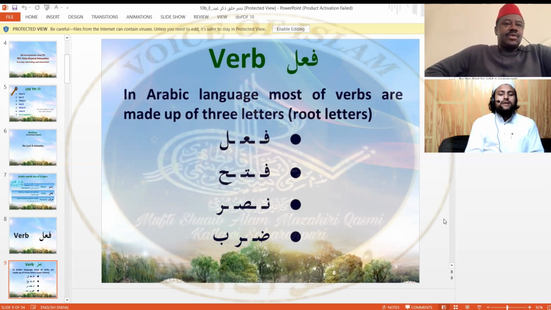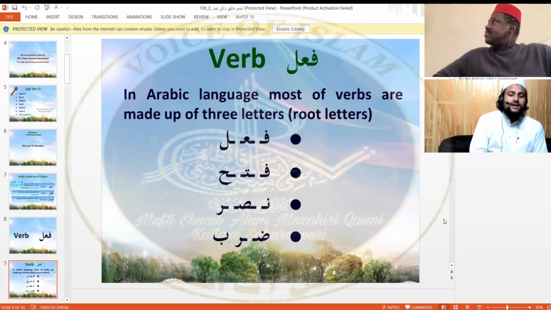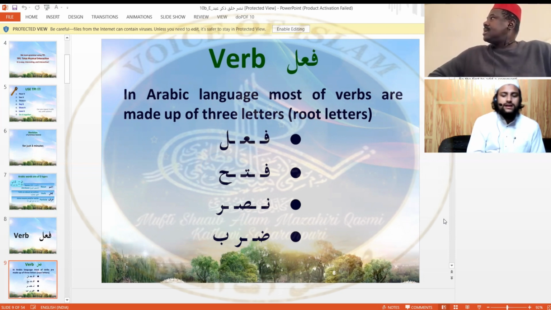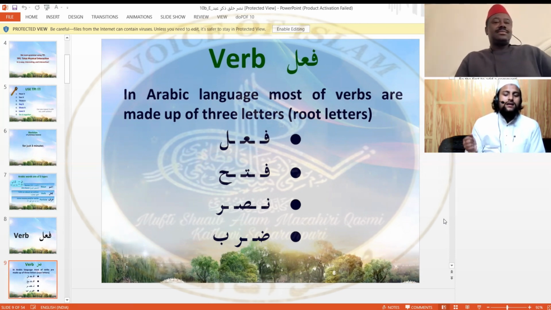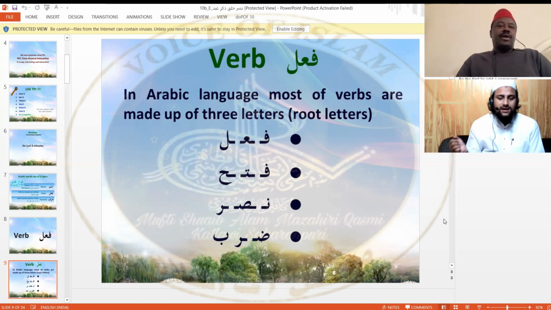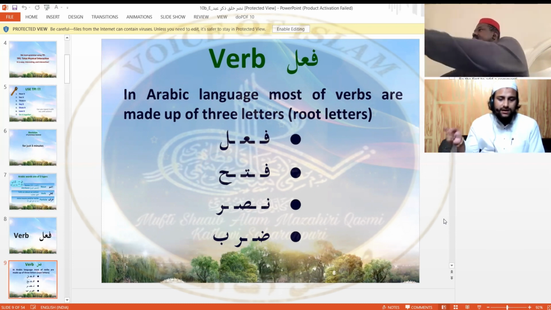In the Arabic language, most verbs are made up of three letters, root letters. Like fa'ala, fataha, nasara, daraba.